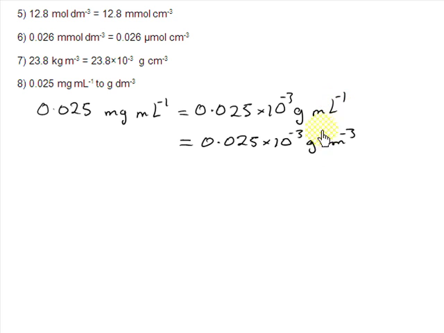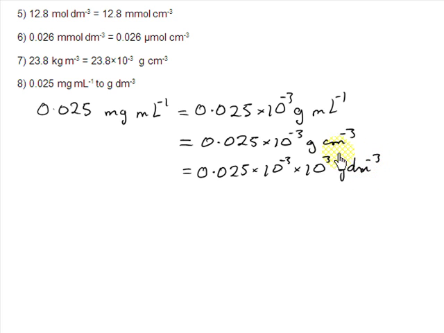So grams per milliliter is the same as grams per centimeter cubed. We then know that 1 centimeter to the -3 is 10 to the 3 decimeters to the -3. So we can then write 0.025 times 10 to the -3, and converting centimeters to the -3 to decimeters to the -3, we multiply by 10 to the power 3 grams per decimeter cubed.